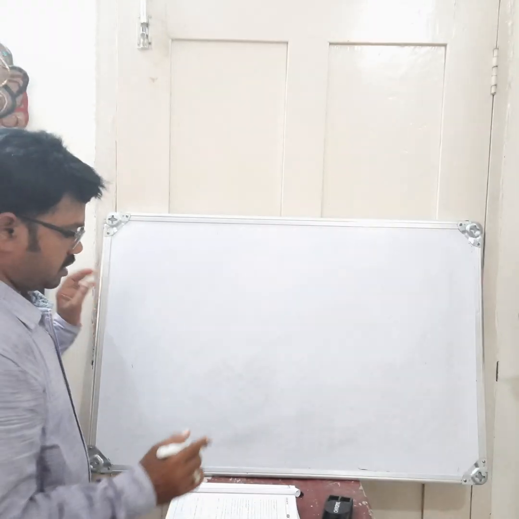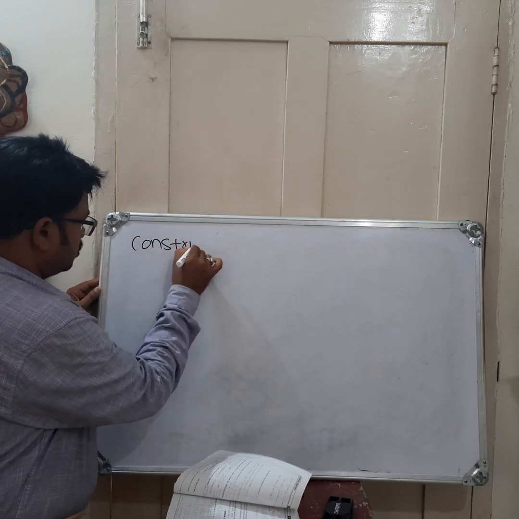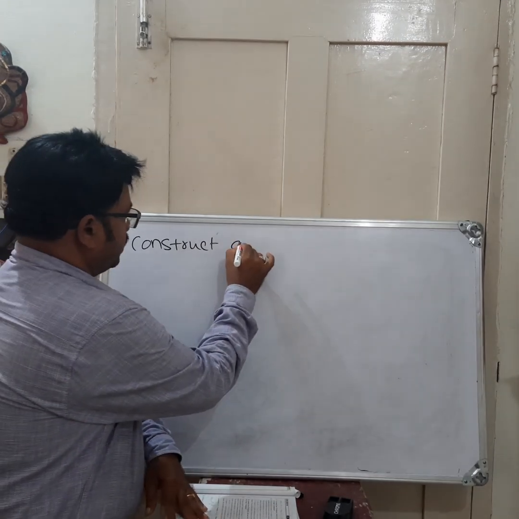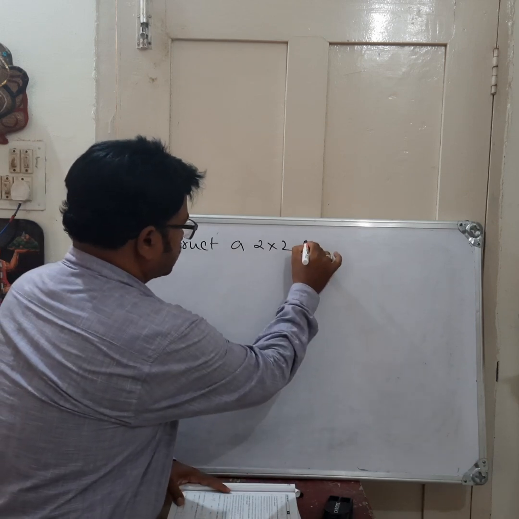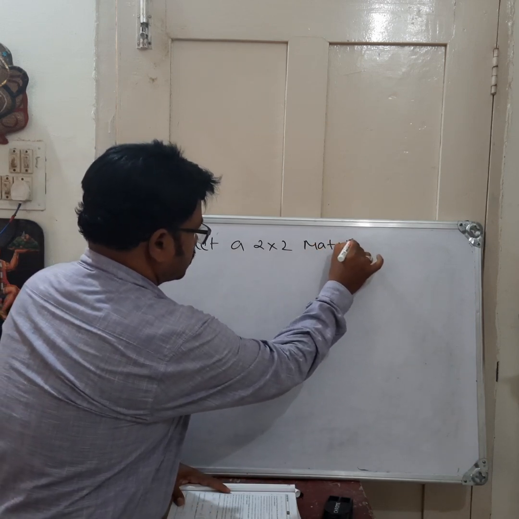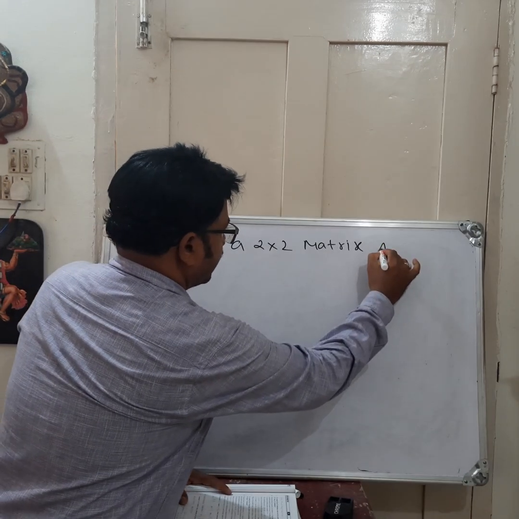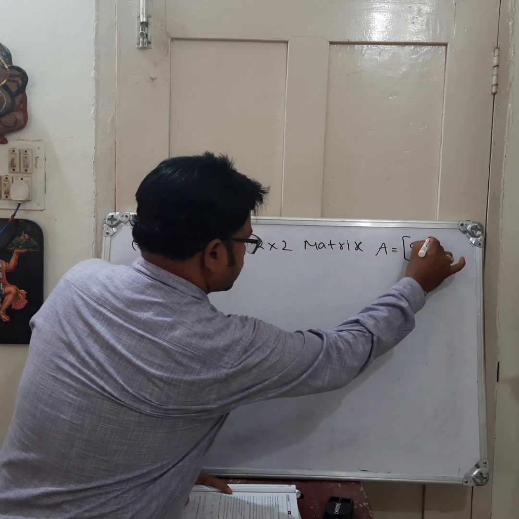Construct a 2 by 2 matrix A equal to Aij.